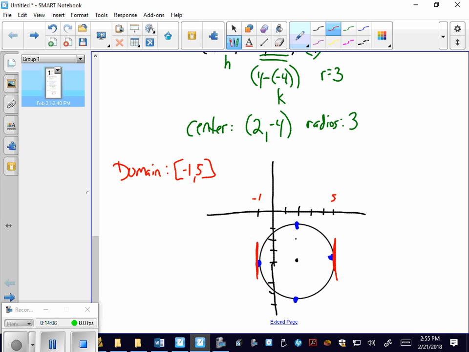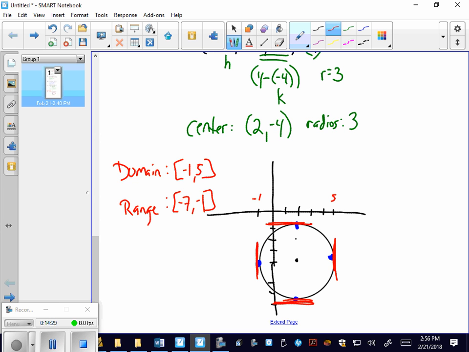My range goes from the bottommost y value, which is here, up to the topmost y value, which is there. So it looks like that's going to go from 1, 2, 3, 4, 5, 6, 7 on the lower side, so negative 7, up to negative 1, and that would be the range of that circle.